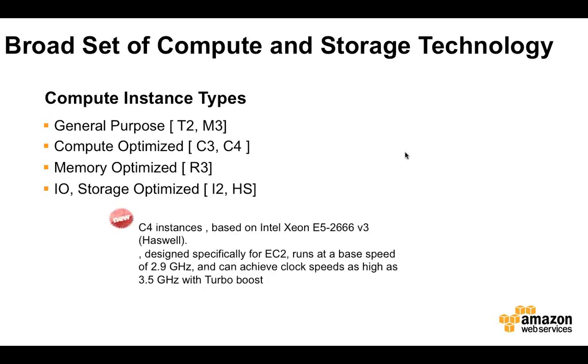Also, we are seeing some new instances being deployed for our customers, and C4 instances are the new instances that are available now, and these are based on the Intel Haswell technology. These are designed specifically for EC2, and this gives you better performance than what is really available within your data centers when it comes to compute.